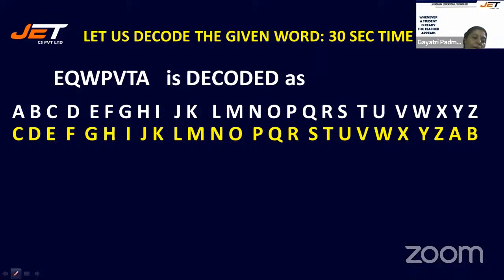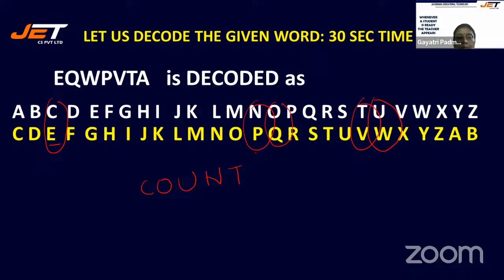Now let us decode EQWPVTA. All right. Yes. So E is C, right? So Q is O. So CO. We have W, which is U. We have P, N. Next we have V. V is T. All right.